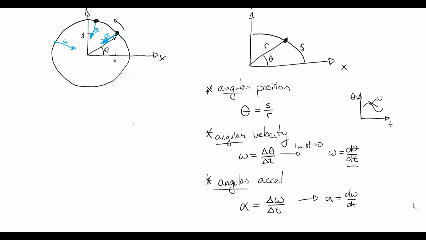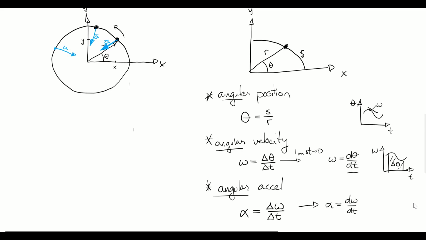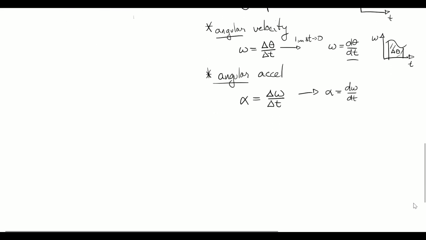Likewise, if we have an angular velocity versus time plot, the change in angular position is going to be the area under the curve, because from the fundamental theorem of calculus, we can show that the change in angular position is the integral of that angular velocity with respect to time between those two times. And likewise with angular velocity.